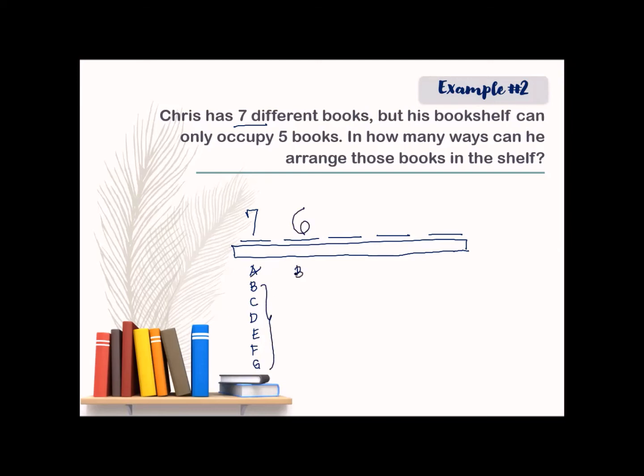So, ang mga natitira na yun, B, C, D, E, F, and G. So, that is for the second location. Another one, doon sa third location natin, syempre, mababawasan ulit tayo ng isa. Ilan na lang ang matitira? We will only have 5. So those are C, D, E, F, and G.